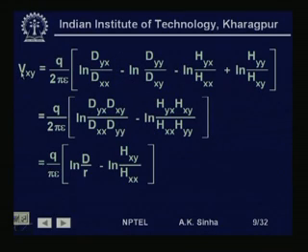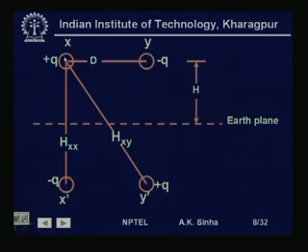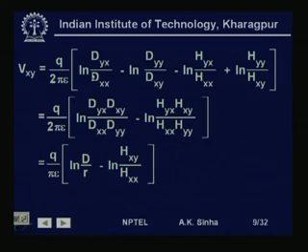We can write this voltage, from the earlier lesson, as V x y equal to q by twice pi epsilon into log n d y x, that is the distance of conductor y to conductor x, divided by d x x, that is the distance of conductor x to conductor x.